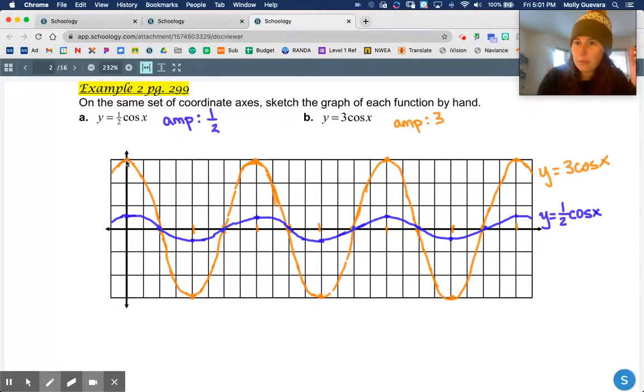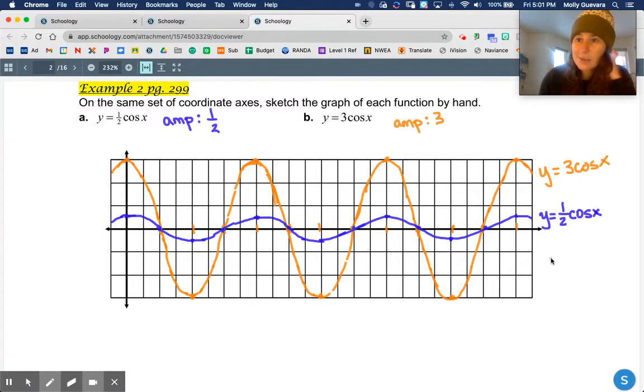So it starts at 3, and it goes down to -3 and then back up, and it just repeats. Same thing with the amplitude of 1/2. Normally it would start at 1, but because of that amplitude of 1/2, it starts at 1/2 and then goes down to -1/2, and then positive, negative, and so on. So hopefully that makes sense. Again, as always, reach out, let me know. Please, please, please.